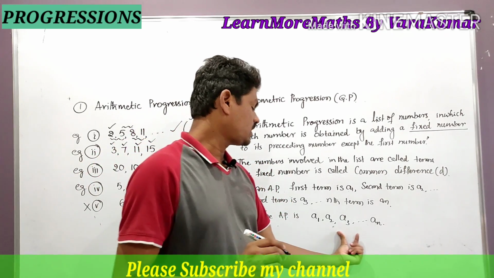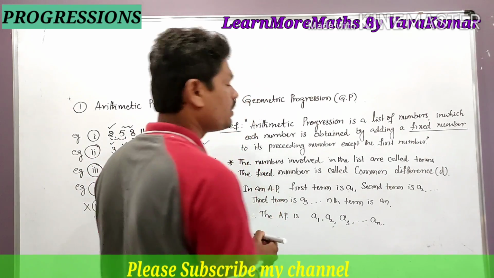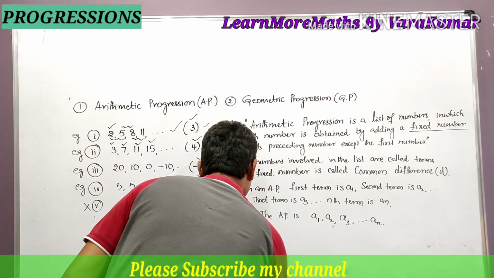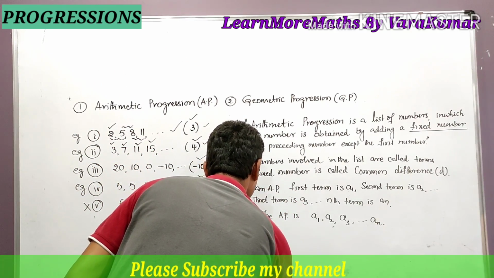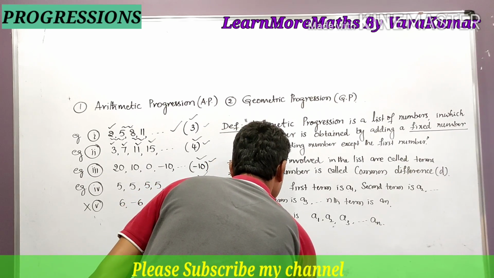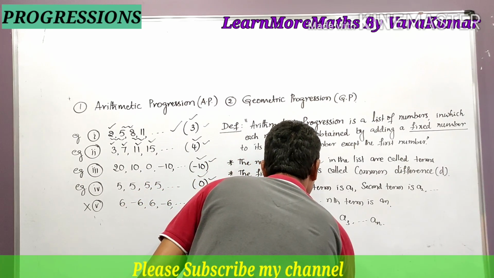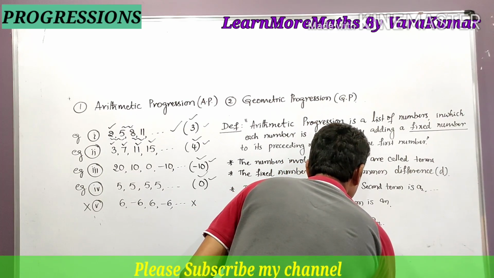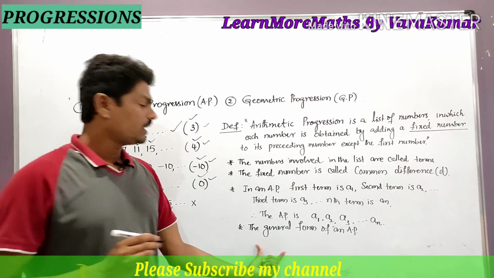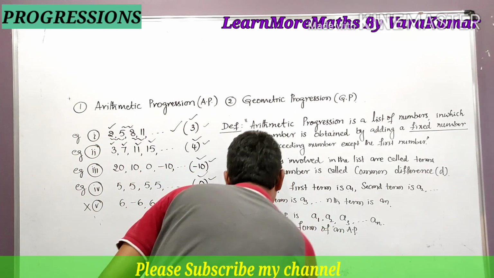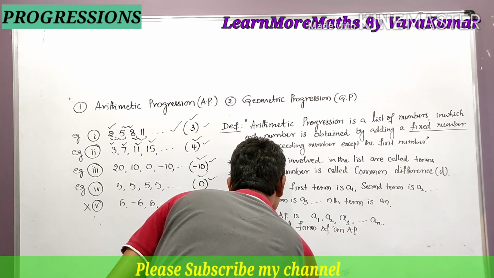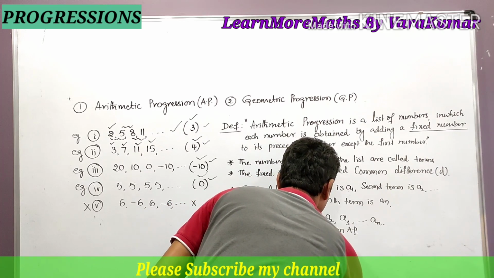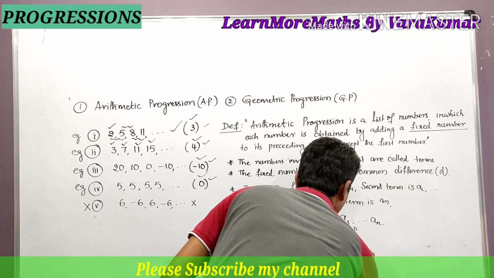So the general form of an AP, AP means arithmetic progression, is a, a plus d, a plus 2d, a plus 3d and so on.